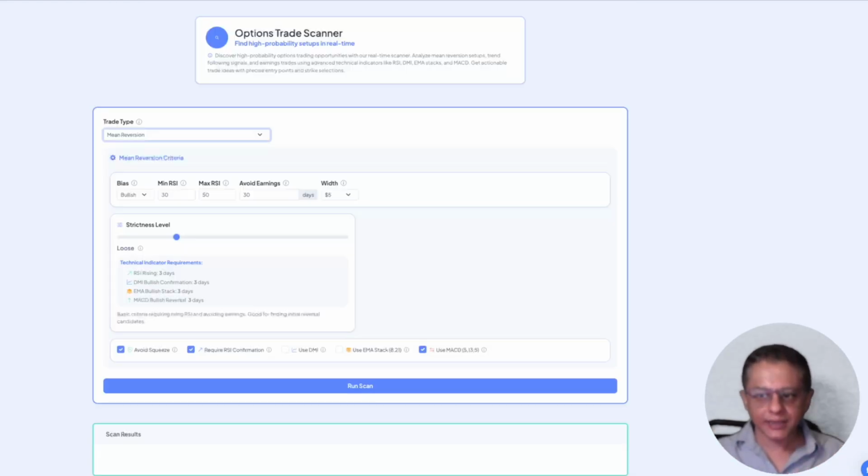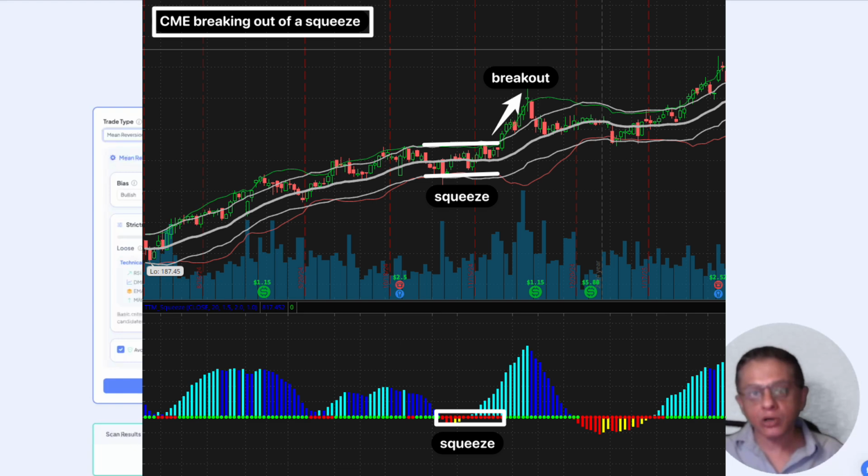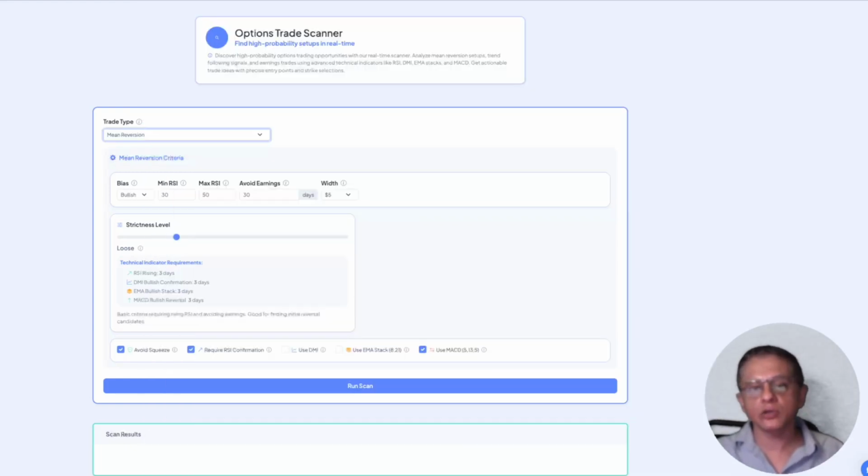So what this does is it identifies stocks that were in a squeeze and now are breaking out of that squeeze. When stocks get stuck in a volatility contraction phase, you don't take any trades, but you can take trades when that volatility expansion happens again. What this scanner will do is identify that this stock was stuck in a volatility contraction period and is now breaking out.